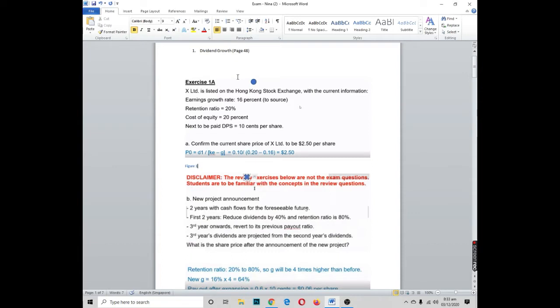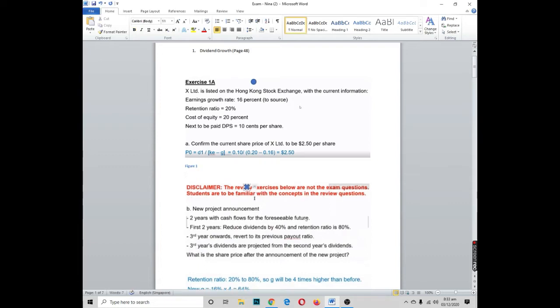The dividend constant growth model defines the value of a share as equal to dividend divided by required rate of return less growth rate.